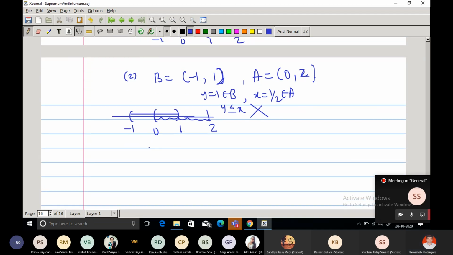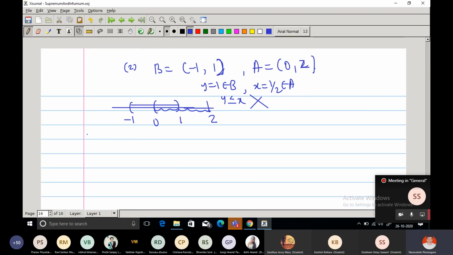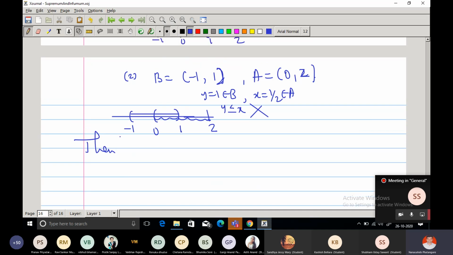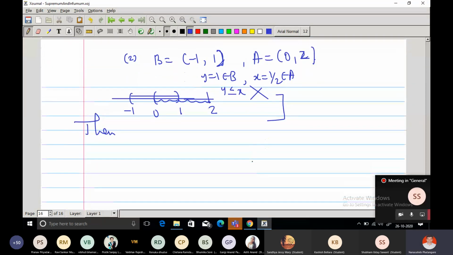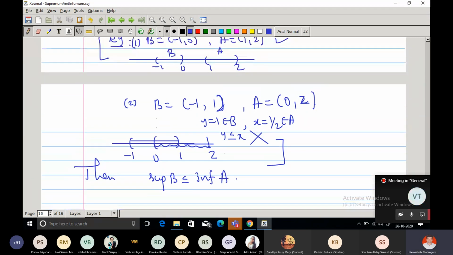In such a situation, once you understand it, if you can imagine the situation, then what is the relation between them? Then supremum of B is less than or equal to infimum of A. Is it true? Yes, right.